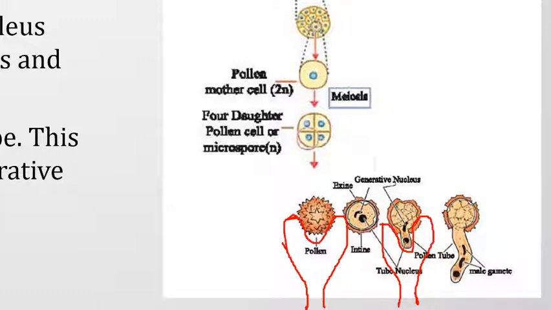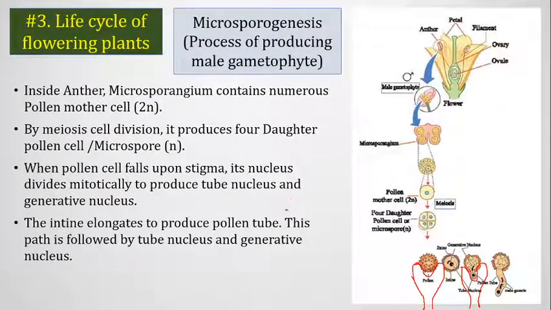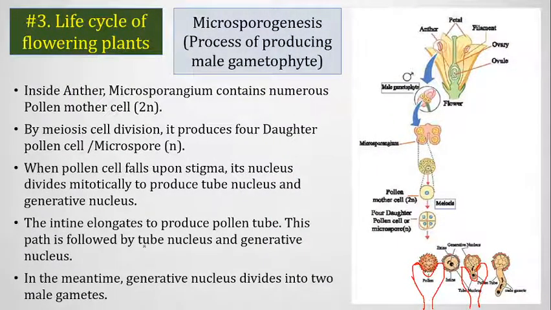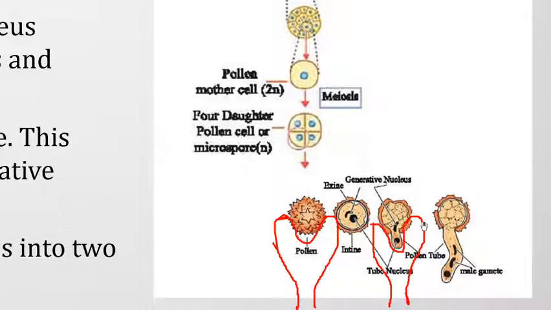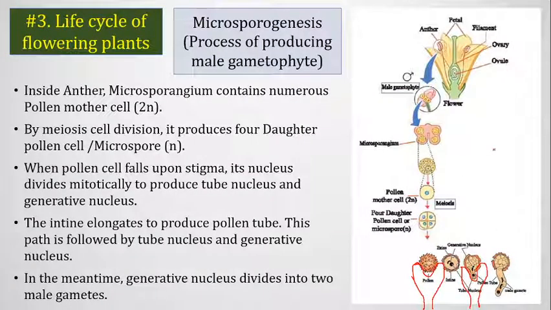It makes the way, and the generative nucleus follows. While traveling through the tube, the generative nucleus divides mitotically to produce two male gametes.